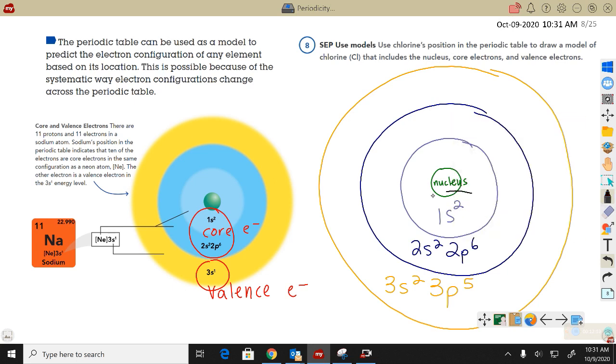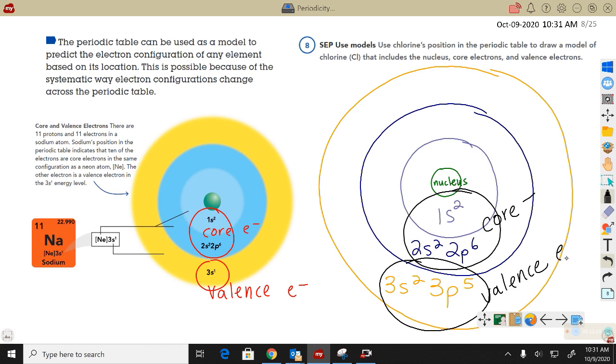All of these that are in nice full orbitals, those are my core. And then my outermost electrons are my valence electrons. I'm going to put this as core electron. There we go. And so eventually we want to be able to model the valence electrons in any atom based on their position on the periodic table.